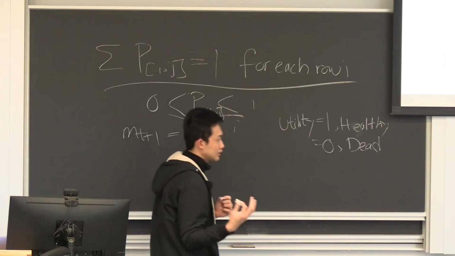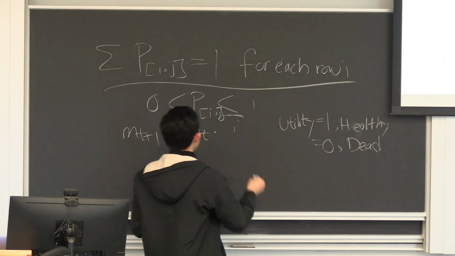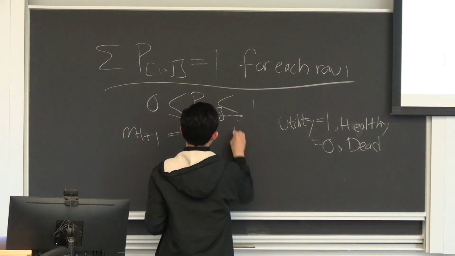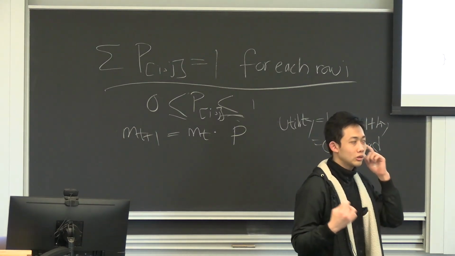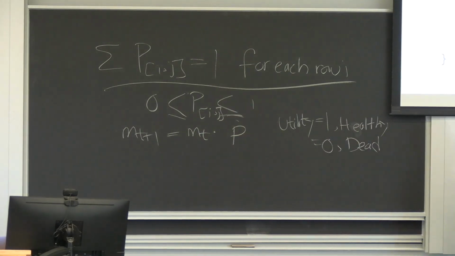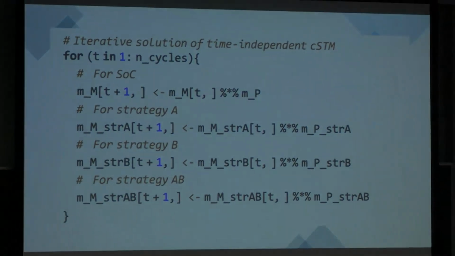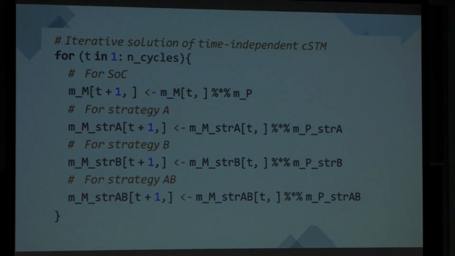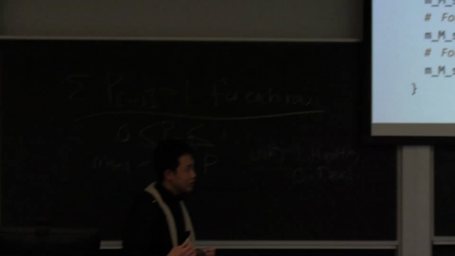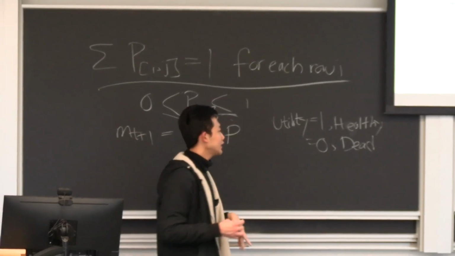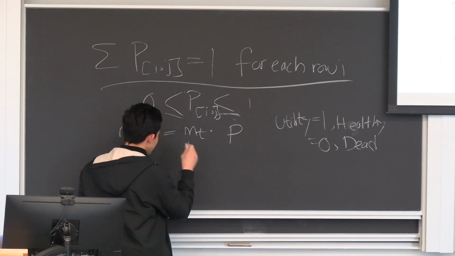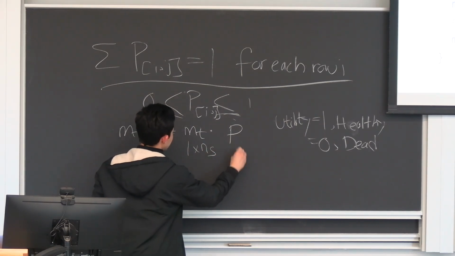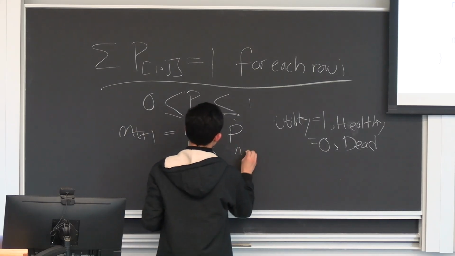m_t stands for the health state at cycle t, multiplied by the big P, which is the transition probability matrix. And in R, in order to do matrix multiplication, we use percent star percent. So that's how we do matrix multiplication in R. If you look at this equation, the dimension is always the same, because this is 1 by ns, and this is ns by ns.